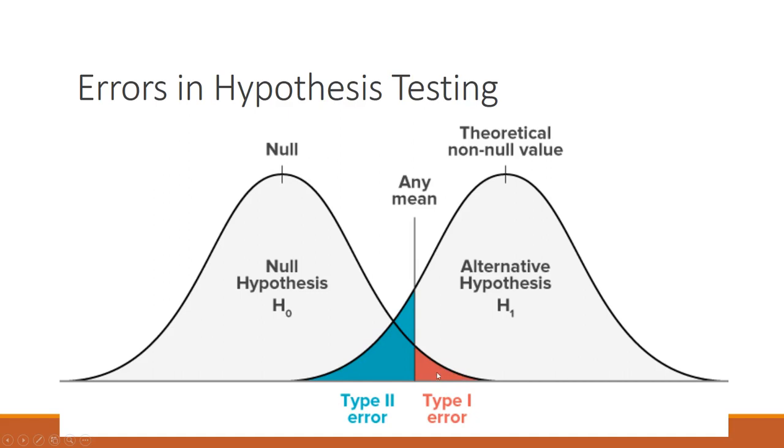That means if we find a value that's out here, above this line, this critical value, we will reject the null hypothesis. The probability of doing that, if the null hypothesis is true, is this space here shaded in red.